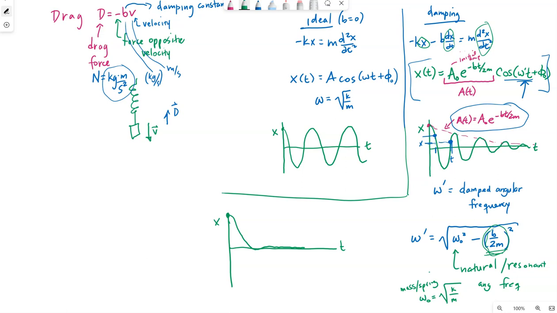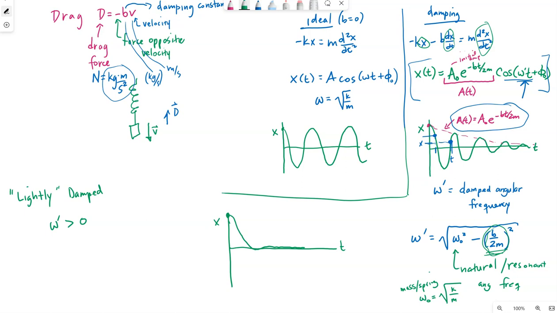In our problems, we will have b values that are small enough that the oscillations do occur. Our author in the e-text itself says lightly damped, meaning omega prime is going to be greater than 0.